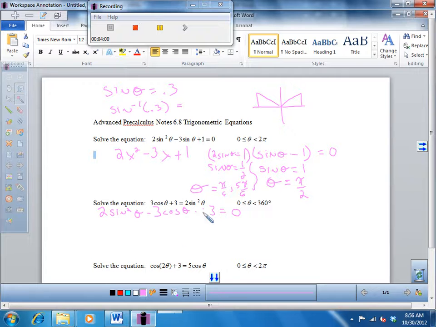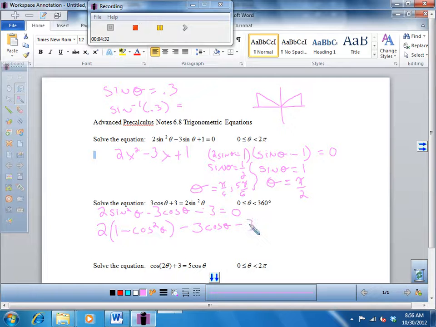This looks kind of like a factoring problem, but I can't factor it because this is in terms of sine and this is in terms of cosine. But there is a way to change things in terms of sine squared into cosine squared. Sine squared is 1 minus cosine squared. So I'm going to write this as 2 times (1 minus cosine squared theta), which is sine squared theta, minus 3 cosine theta minus 3.